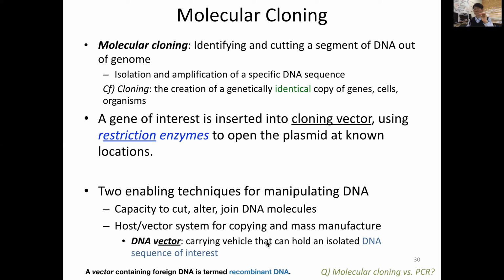It also holds the origin of replication and selection markers. In a nutshell, a vector system which contains a foreign DNA is called recombinant DNA. The protein product that comes from this foreign DNA is called a recombinant protein. And in molecular cloning, once we have these, we can amplify that recombinant DNA using polymerase chain reaction.